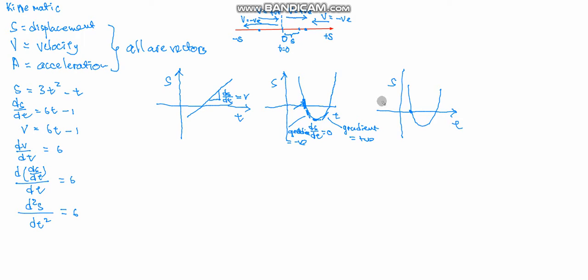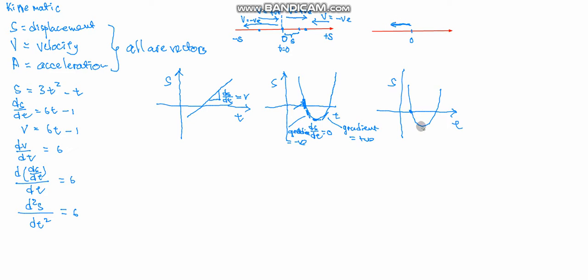So at this point here, s is equal to 0, which means the particle is at the initial point. Then from here, s becomes negative. It means the object, for example in this case, travels this way going into the negative s.